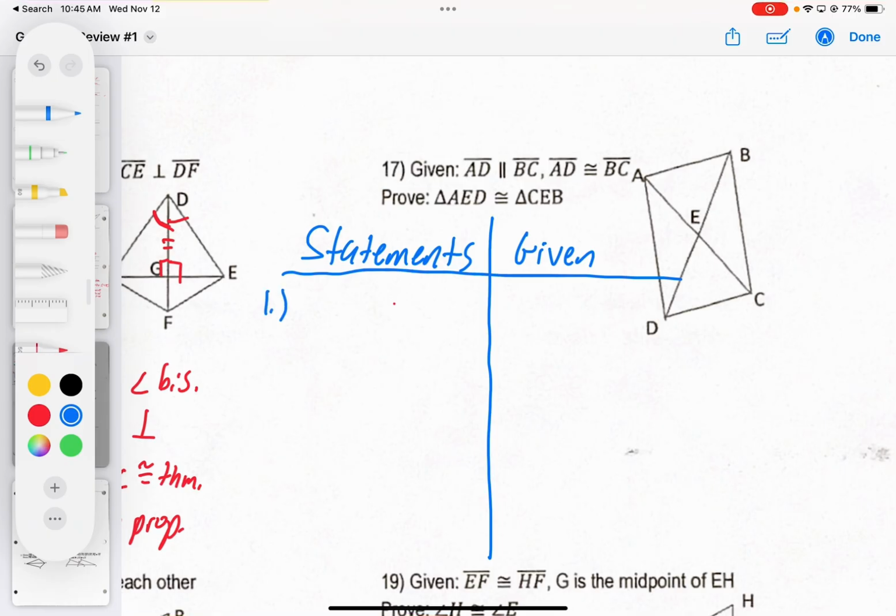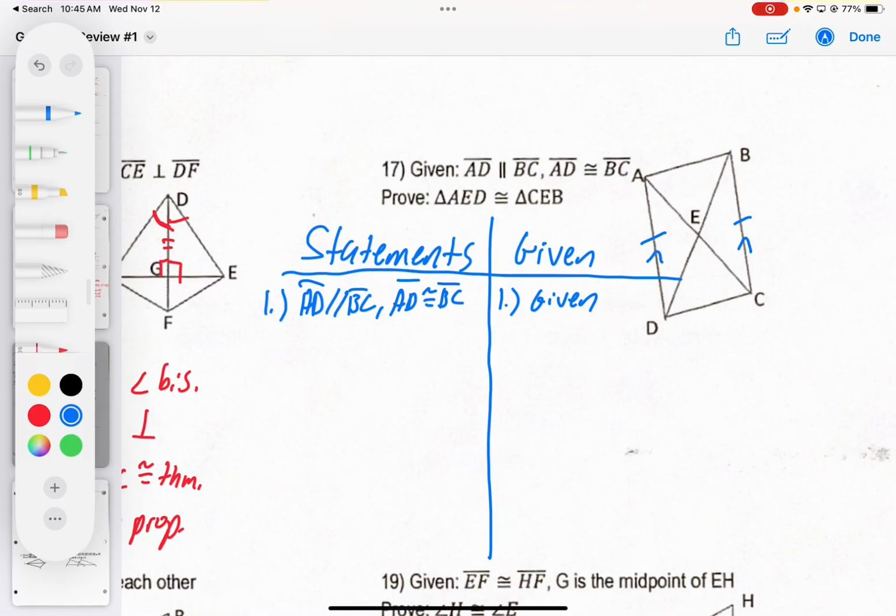So let's state our givens. AD parallel to BC. AD congruent to BC. And if there was any confusion, they tell you that they are both congruent and parallel to each other. So that's off the board even.